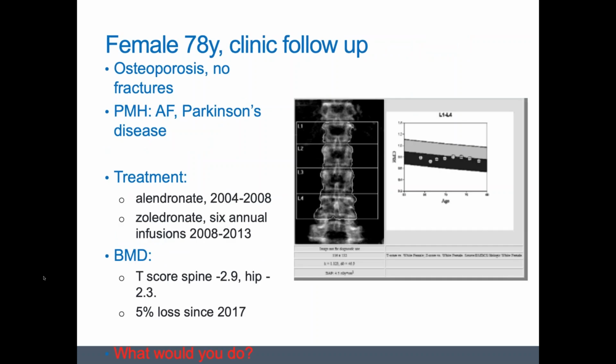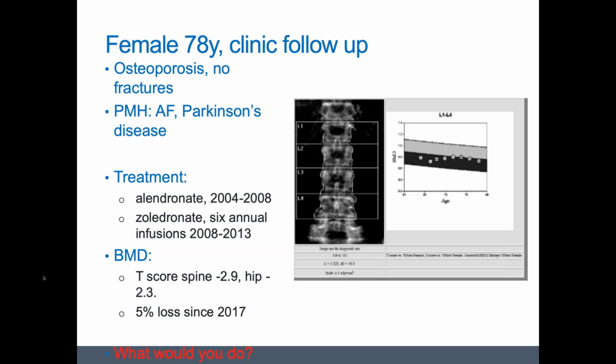Here's my second case. This is a 78-year-old woman, and she'd had osteoporosis, but no fractures. One of her risk factors for having fractures in the future is that she has Parkinson's disease. She has been given alendronate in the past and zoledronate, and again has had about 9 years of treatment altogether, so that's quite a lot.